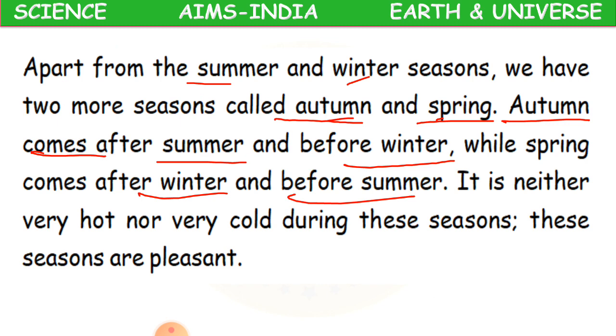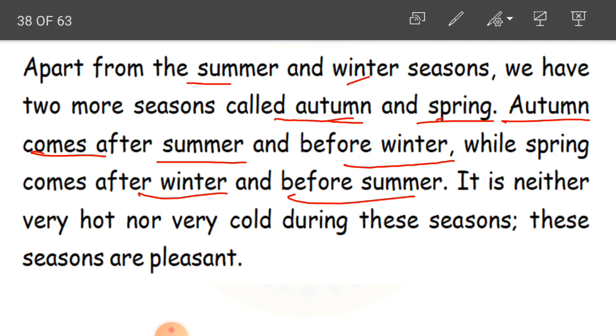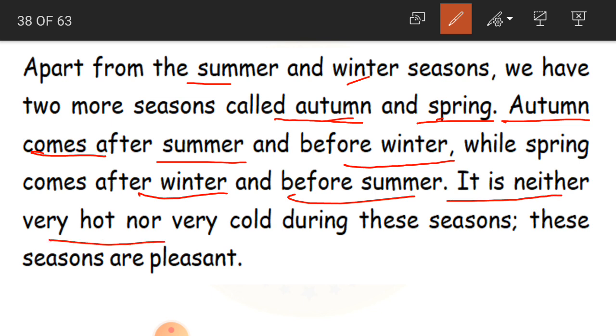Now, it is neither very hot nor very cold during these seasons. These seasons are pleasant. So these two seasons, spring and autumn, do not have extreme climates like summer and winter. They are not very hot like summer and not very cold like winter, because these seasons are coming after summer and after winter.